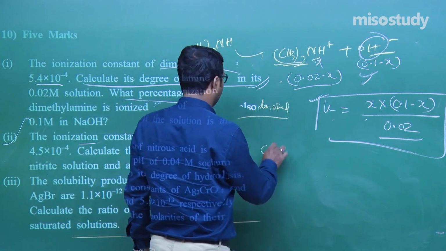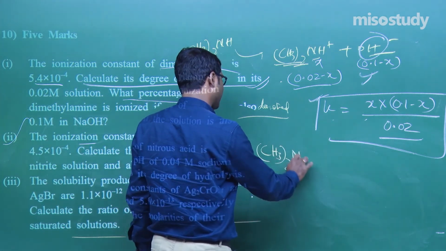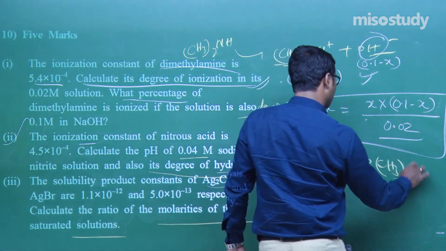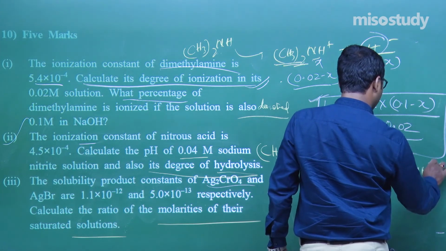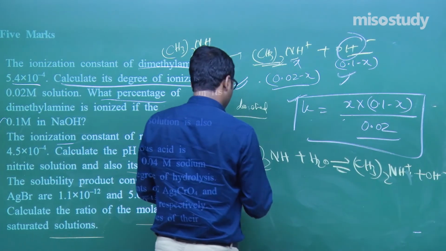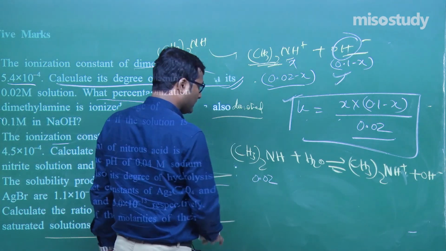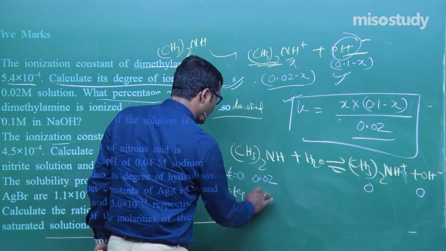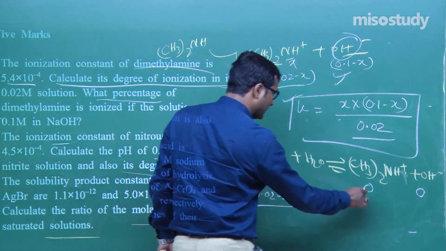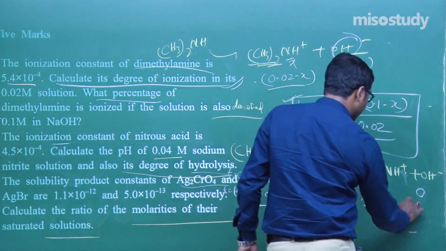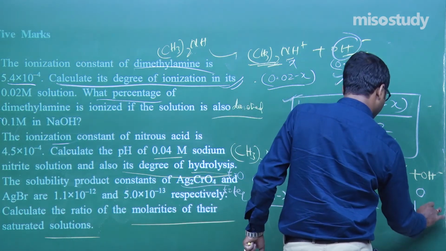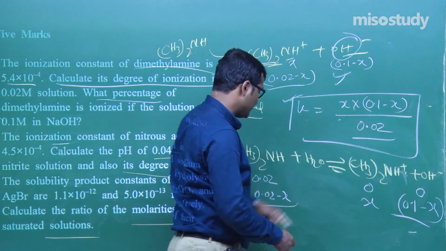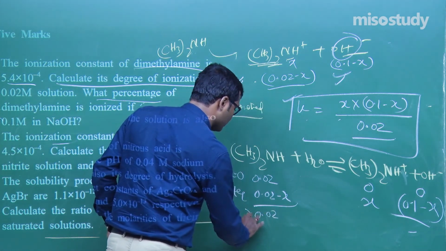Initially the concentrations are 0 and 0; at equilibrium, 0.02 minus X, and we get X, and here 0.1 minus X. Now K is equal to product upon reactant, and 0.02 minus X is almost equal to 0.02.